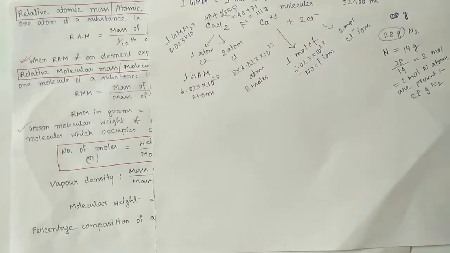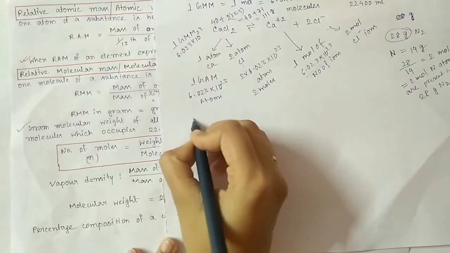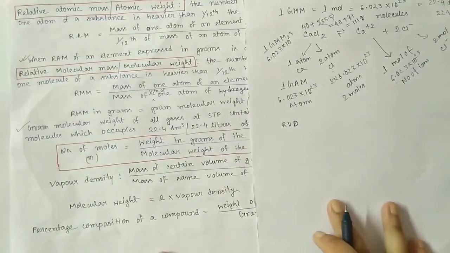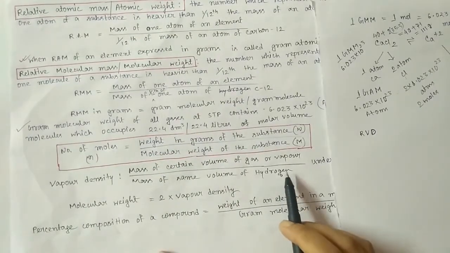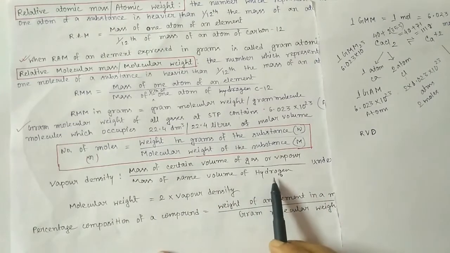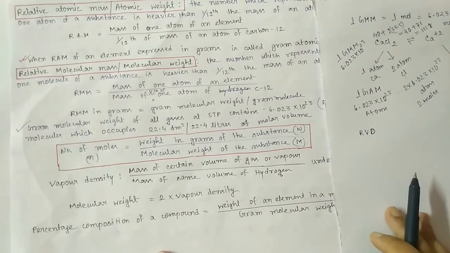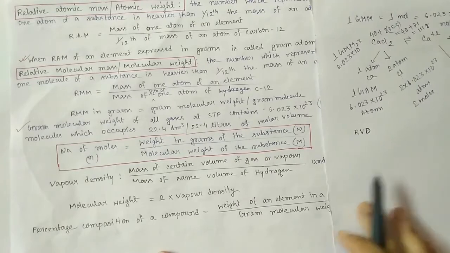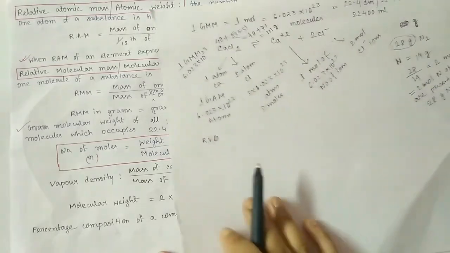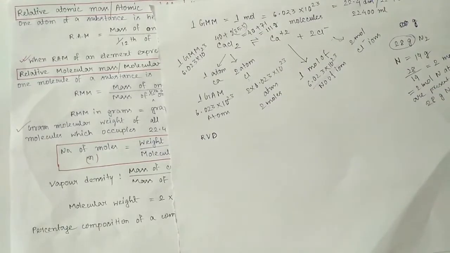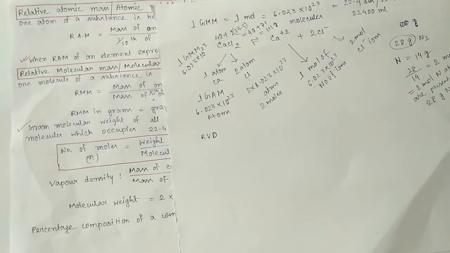We can write that relative vapor density is equal to mass of certain volume of gas or vapor by mass of same volume of hydrogen under same temperature and pressure. And according to Avogadro's law, volumes at the same temperature and pressure may be substituted by molecules.